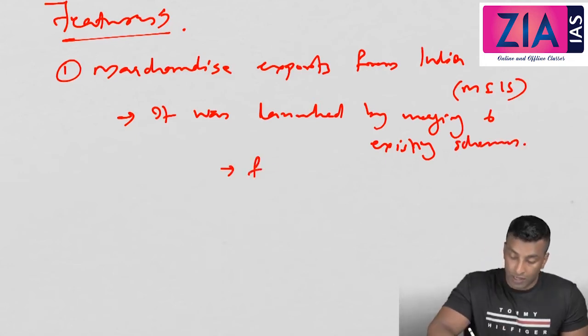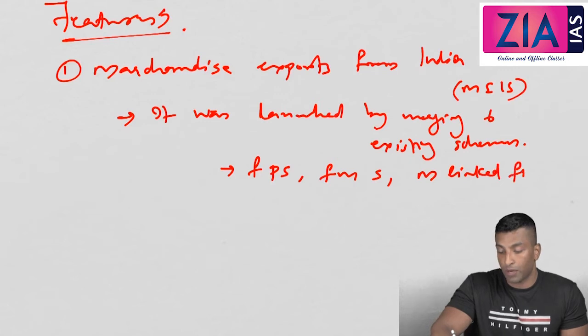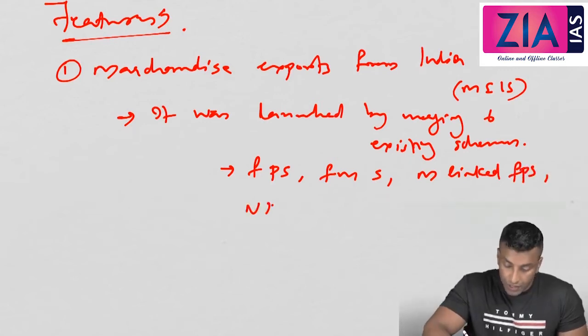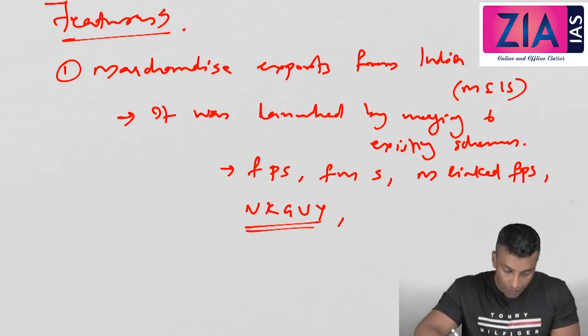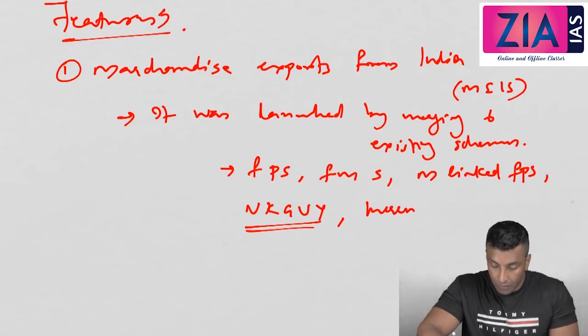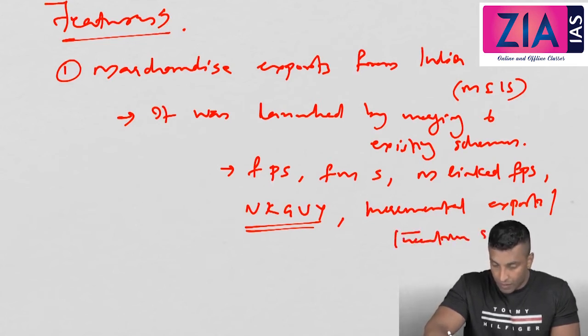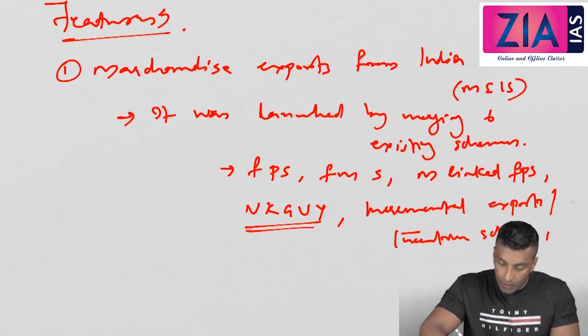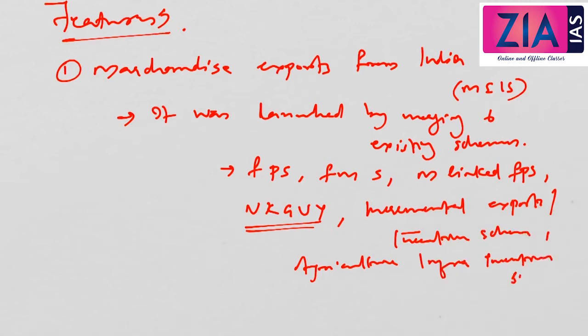What are they? The focus product scheme, the focus market scheme, the market linked focus product scheme, Vishesh Krishi Gram Udyog Yojana, then the incremental exports incentive scheme, and the agriculture infrastructure incentive script.